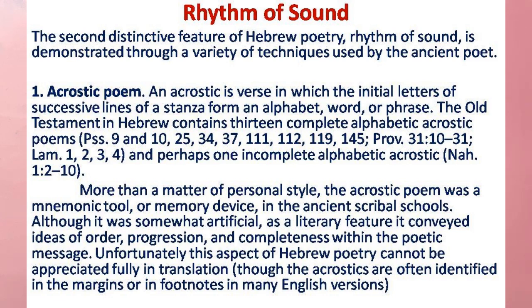So, whenever order, progression, and completeness come together, it will be easy for the students to remember it. Unfortunately, this aspect of Hebrew poetry cannot be appreciated fully in translation. Unfortunately for us, this is not applicable because it is only applicable to the ancient Hebrew students. In our translation, this idea of acrostic poem is lost.